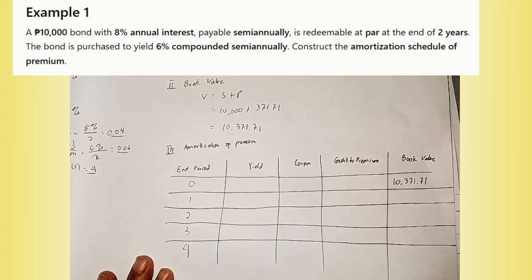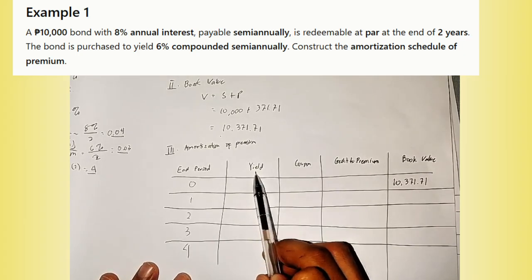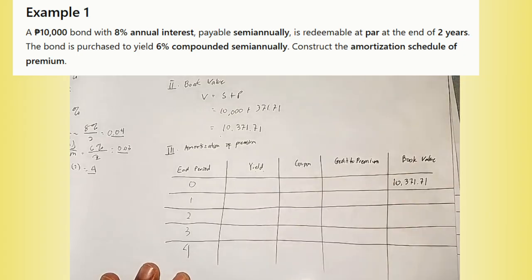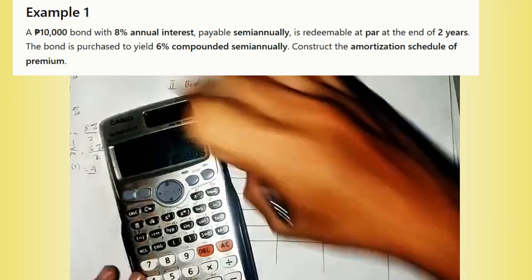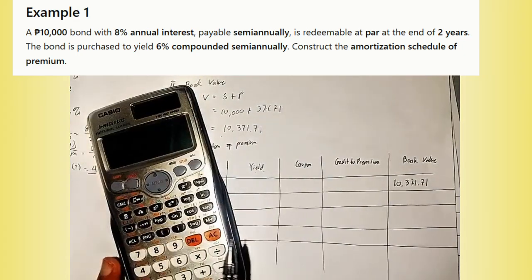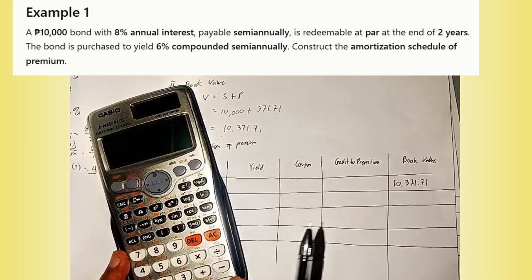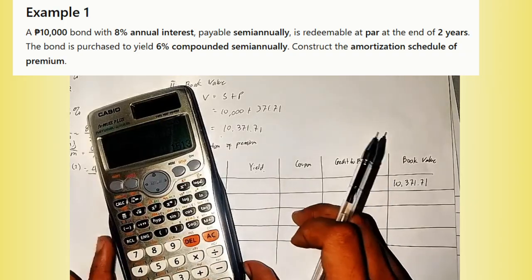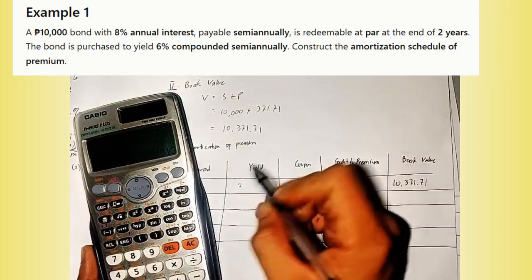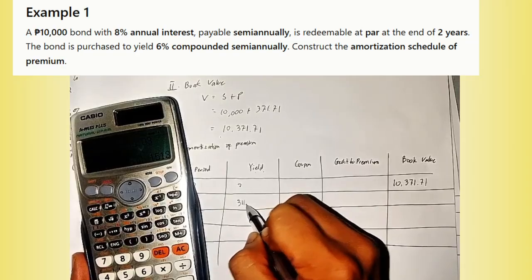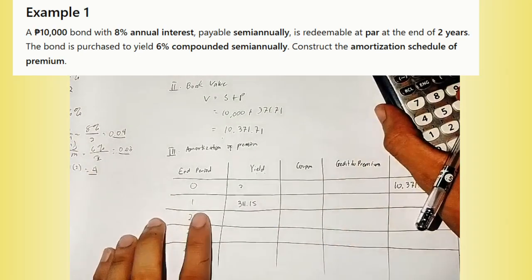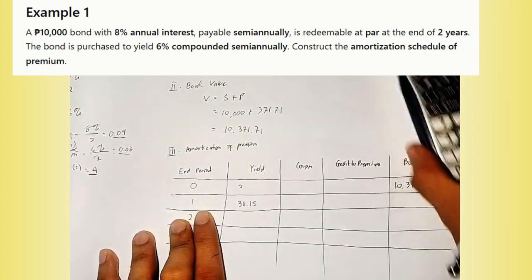To get the yield, we have book value times the value of I, 0.03. So 10,371.71 times 0.03 is 311.15. That is for period 1.